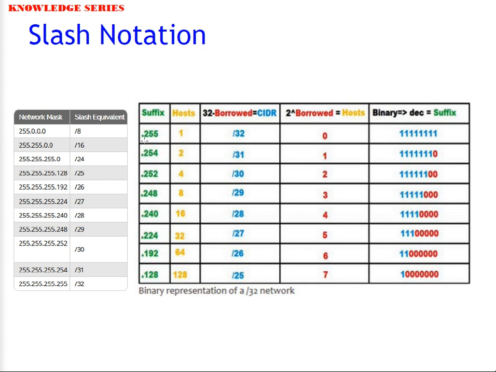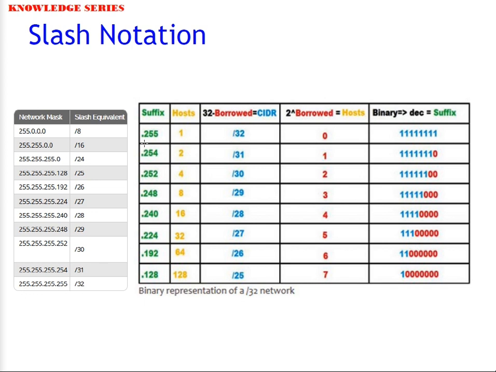Now let us see the case of /8, the first case. That is 255.0.0.0 and /8. So here /8 is not shown. So let me take this one. This is /32. That means the whole thing is a class E address. So the whole 32 is taken.